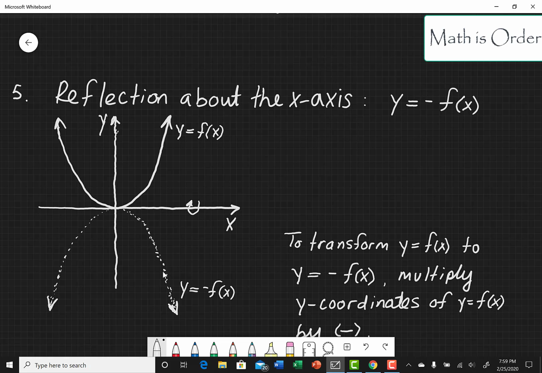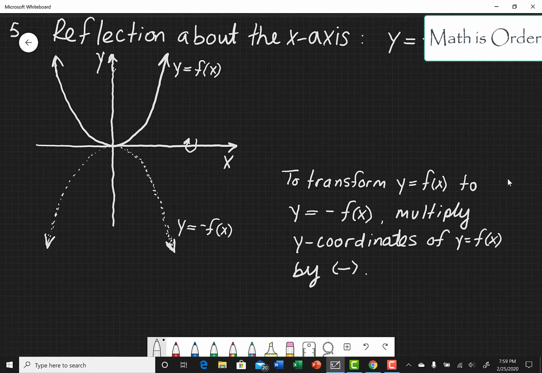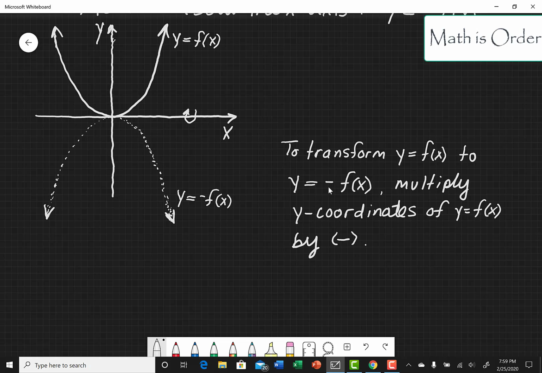And you can see that the effect of that is that all of the y coordinates are multiplied by negative. So to transform y equal f of x to y equal negative f of x, all we're doing is multiplying all y coordinates of the original function by negative.